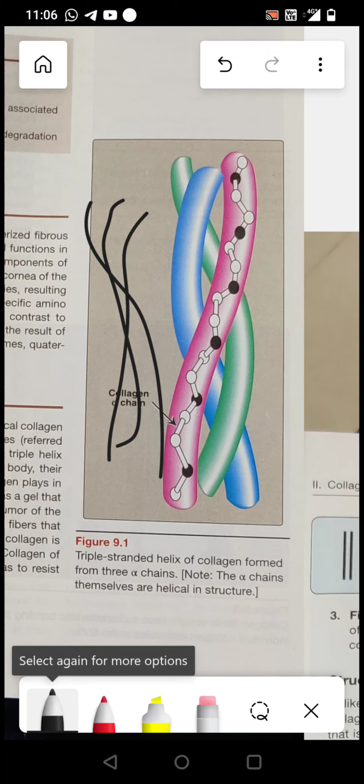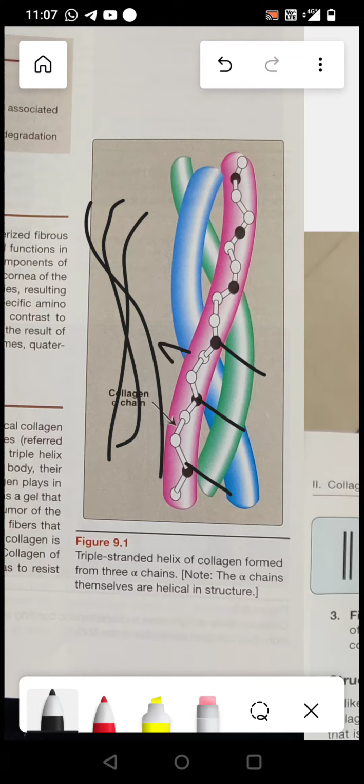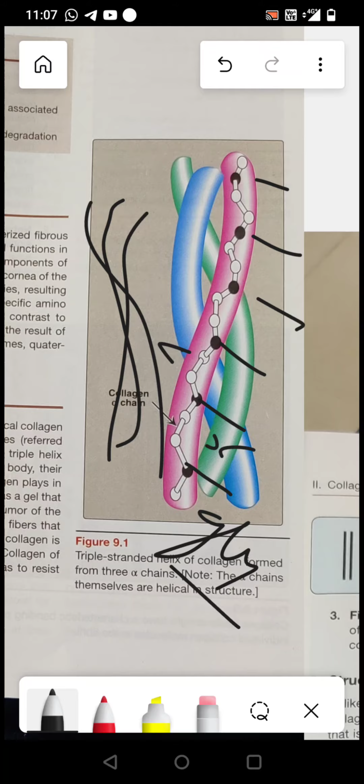In each alpha chain, if you look here, there are some black proteins which are mentioned here, correct? The black proteins, and then you have two other proteins in between. Each of those black proteins is glycine, and these other two could be X or Y. The X or Y here need not be the X or Y in this other place.